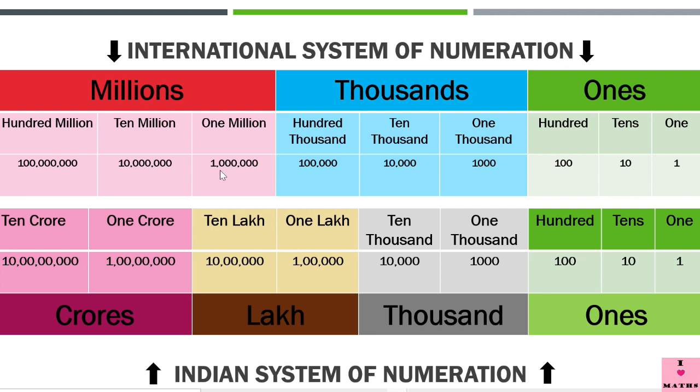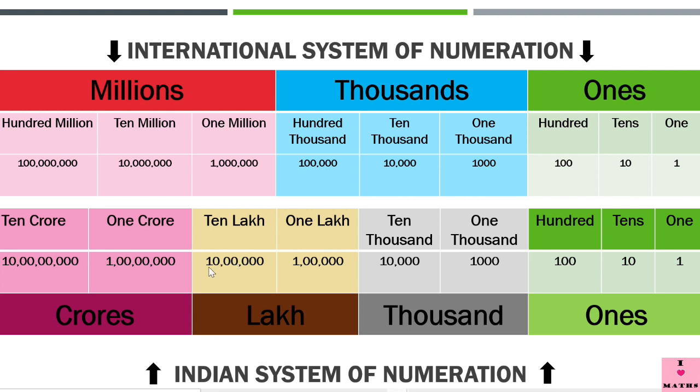Same way, after thousands period in international system, we start with millions period. So 1 million is equal to 10 lakh in Indian system. Again children, please note, we have 1, 2, 3, 4, 5, 6 zeros and a 1.